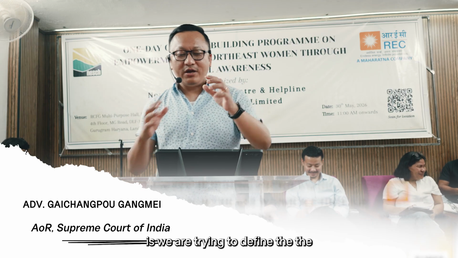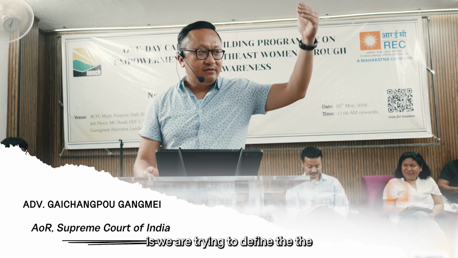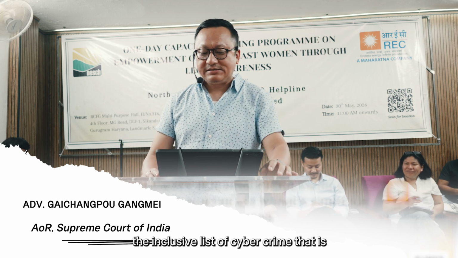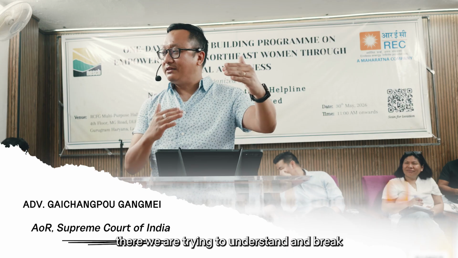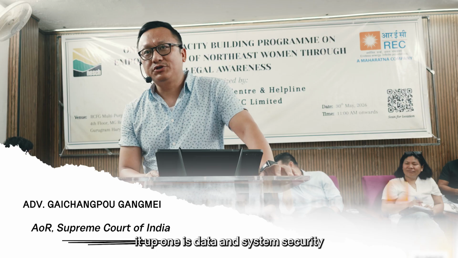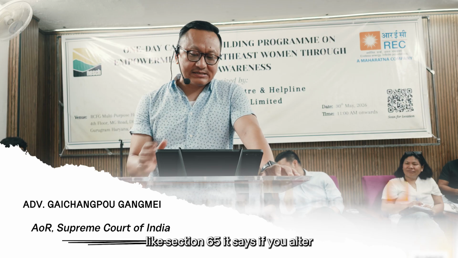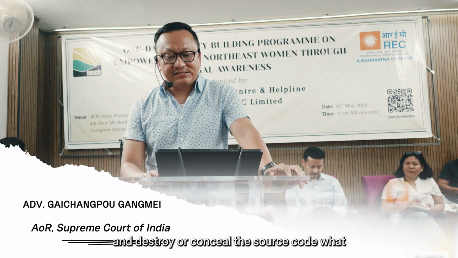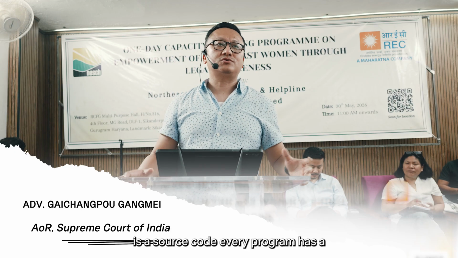Division number one: we are trying to define the inclusive list of cybercrime that is there. We are trying to understand and break it up. One is data and system security. Like section 65, it says if you alter, destroy or conceal the source code. What is a source code?